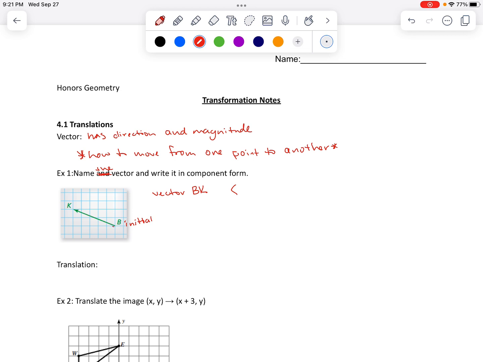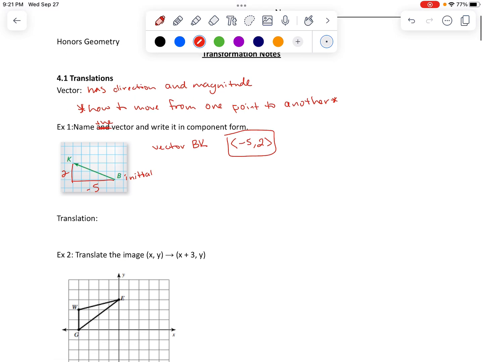I have to move to the left 5, aka negative 5. Then I have to move up 2. This right here is my component form of that vector. How do I get to B to K?